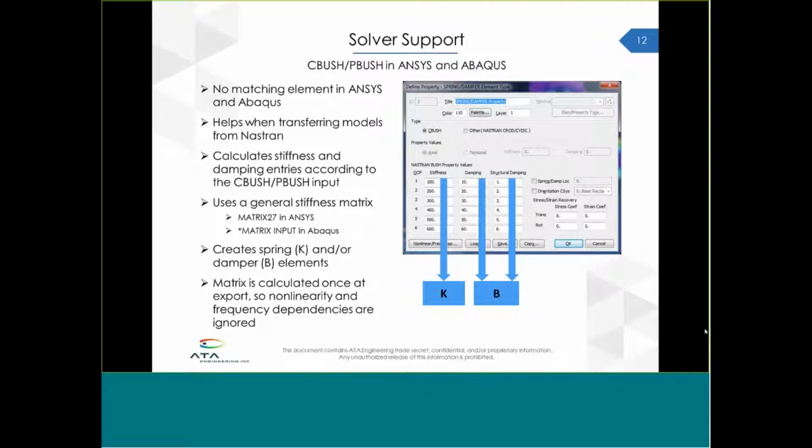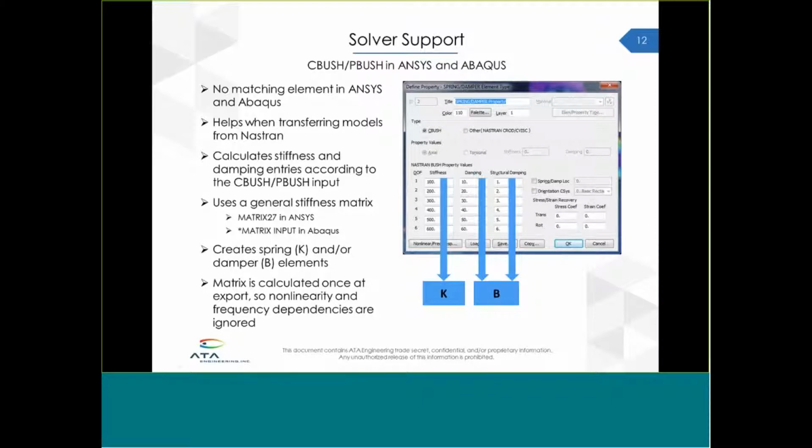Well, one of the big things the developers wrote was a methodology for taking that CBUSH element, calculating general stiffness matrices for it, and then exporting that into ANSYS and Abaqus. All this is done behind the scenes. It's very seamless, so you don't need to know how all this works. Just know they figured it out.